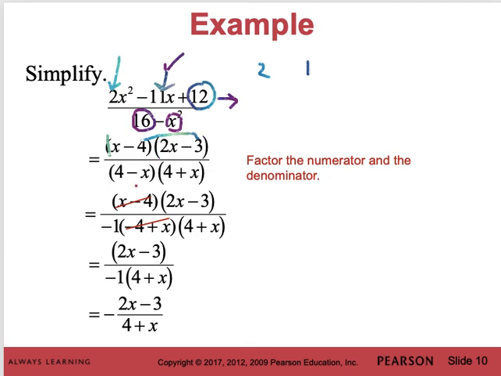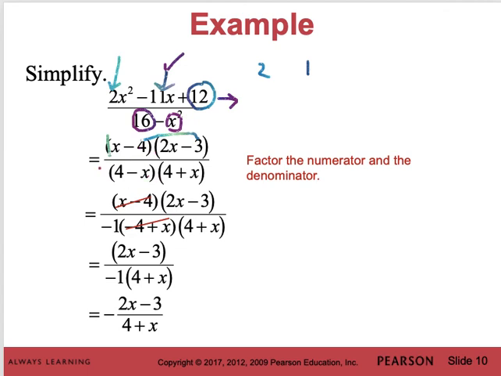So once we factor those out, we can find which terms are the same, which terms we can cross out from our expression here. And I noticed that the x minus 4 and the 4 minus x are so similar.